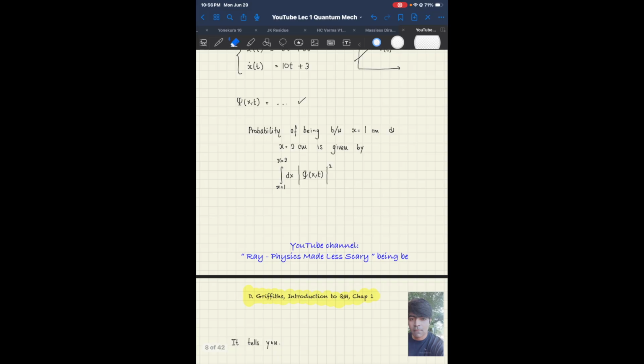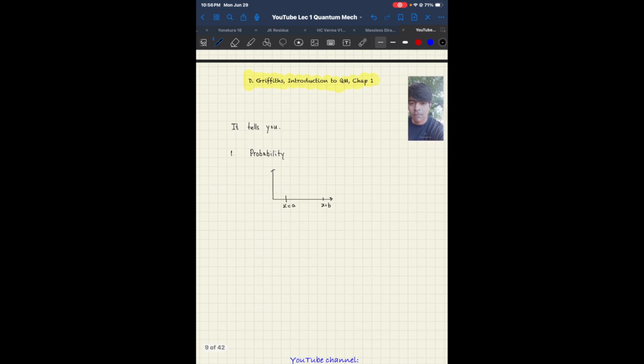Of course, if it's a and b, then you would integrate from a to b. So, it tells you only probability. Again, let me reiterate that, because it cannot tell you exactly where you are.